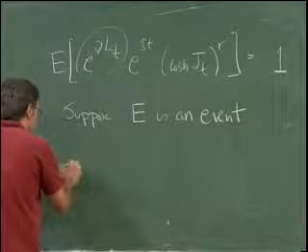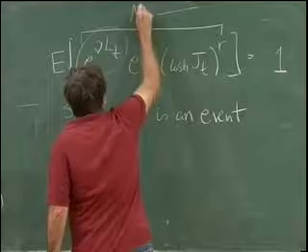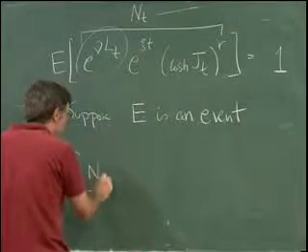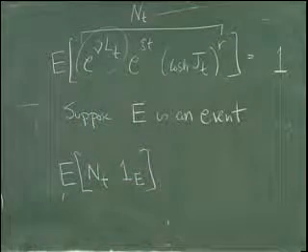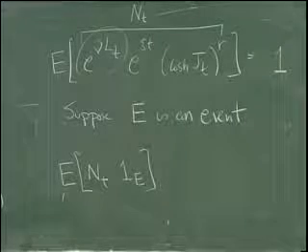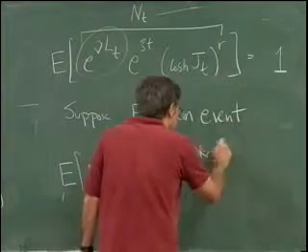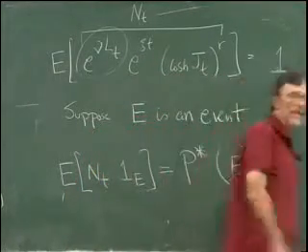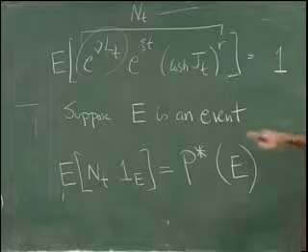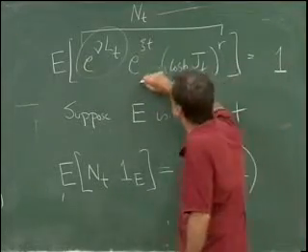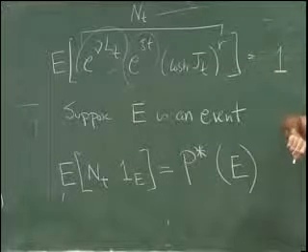Then the expected value of n sub t times the indicator of E is equal to P star of E. So basically, in the new parameterization, that has turned into something deterministic. Y_t has become deterministic, essentially.